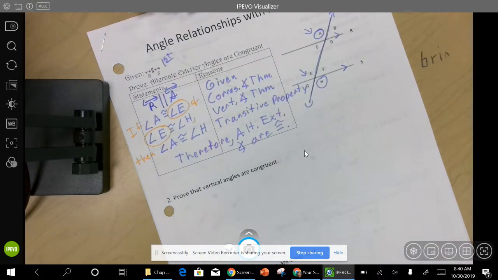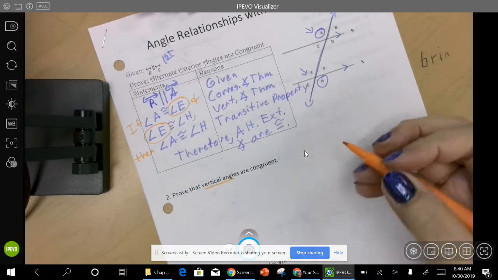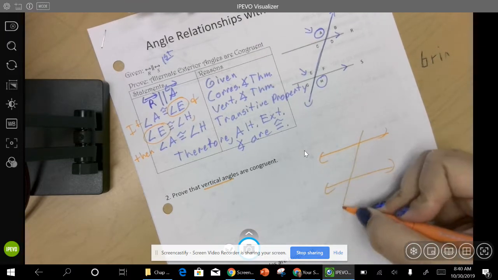For the next one, we have to prove that vertical angles are congruent. So I'm going to do my diagram.